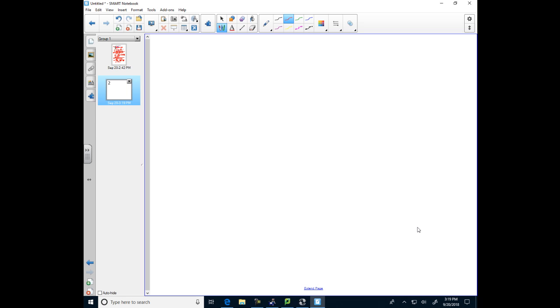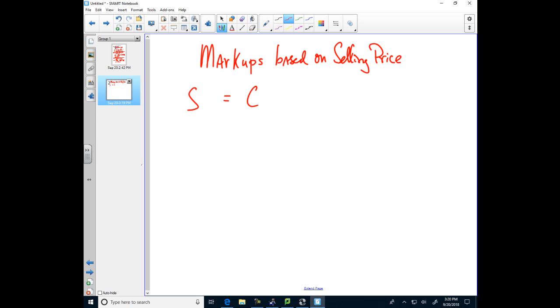Now, in this case, selling price is the base. Okay? You can still write it like this. You can still use this information right here. Selling price is still going to be cost plus the markup. The difference is what this is based on.